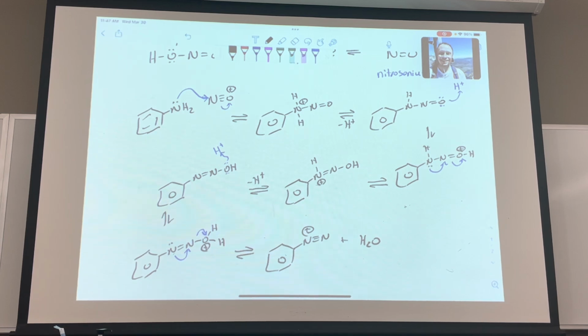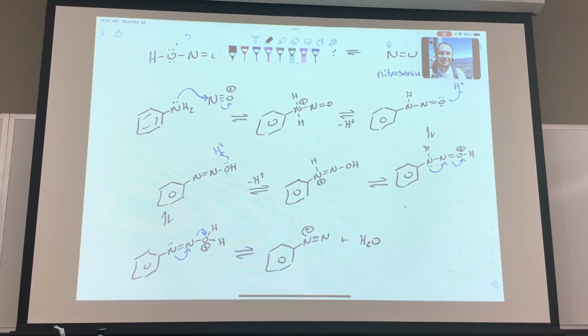So this works well when you have an aromatic primary amine. So what I'd like to do now is show you why you can't do this with an aromatic, say, secondary amine. Because what happens when you do this with aromatic secondary amines actually has some real world implications.